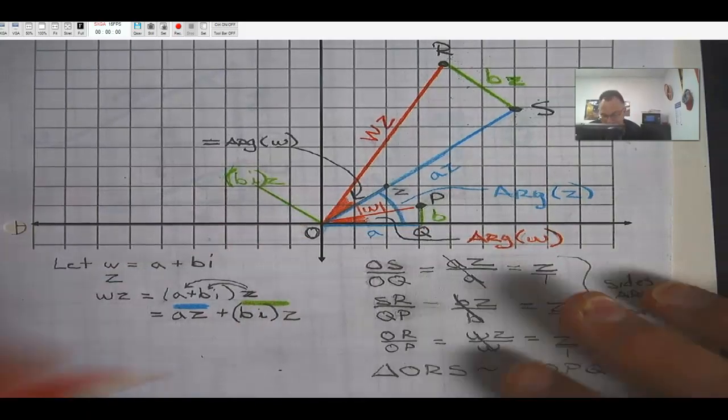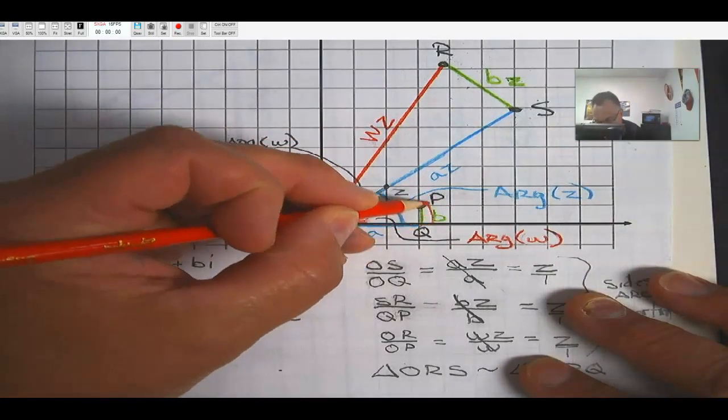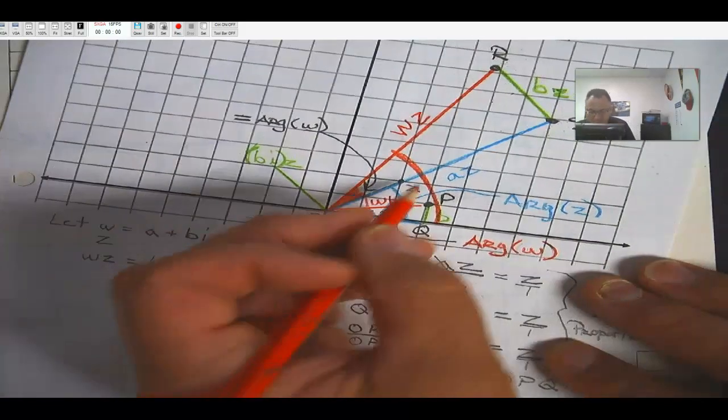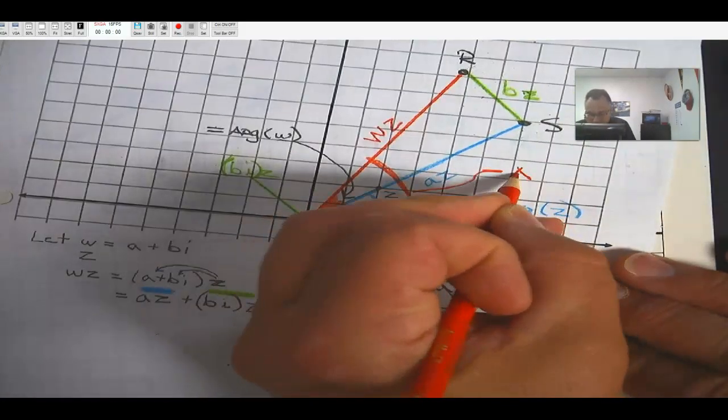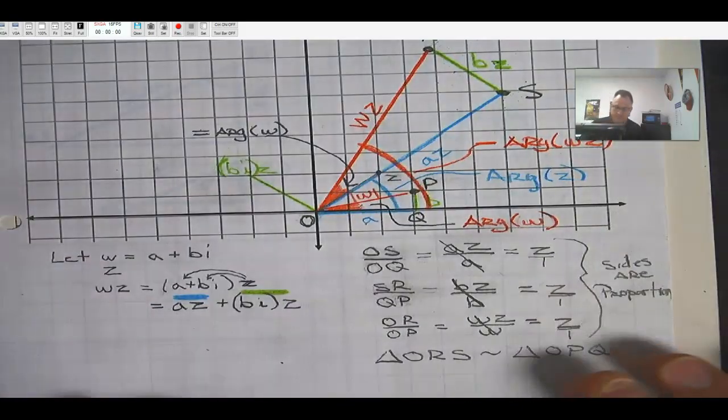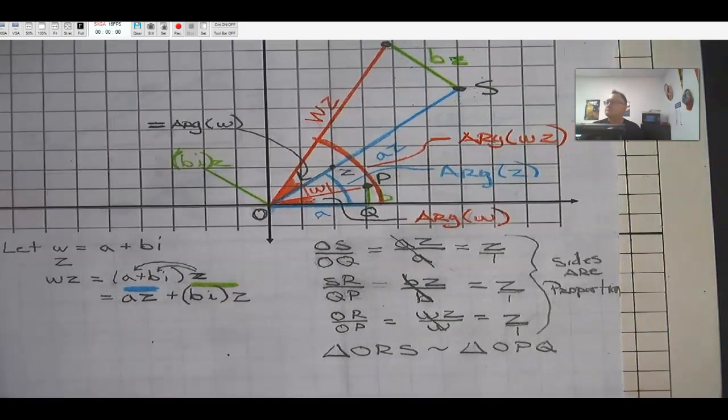ROQ, yep. Okay, now how can we use that to get the statement that we're looking for, that the argument of WZ is equal to those two arguments added together?